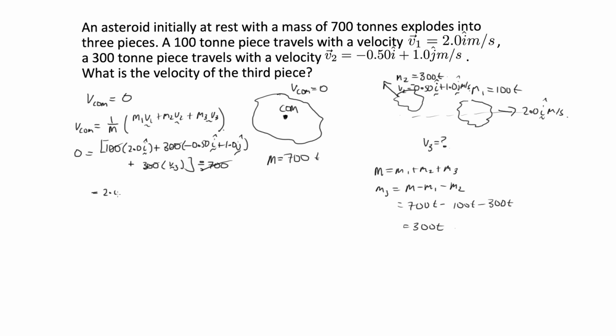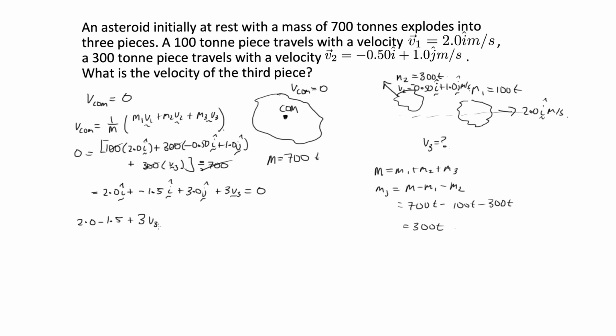So now I've got 2i plus 3 times 0.5, so that's minus 1.5i, plus 3j, plus 3v3 is equal to 0. Looking in the i direction, my i components must all sum to 0. So I've got 2 minus 1.5 plus 3 times v3 in the i direction.